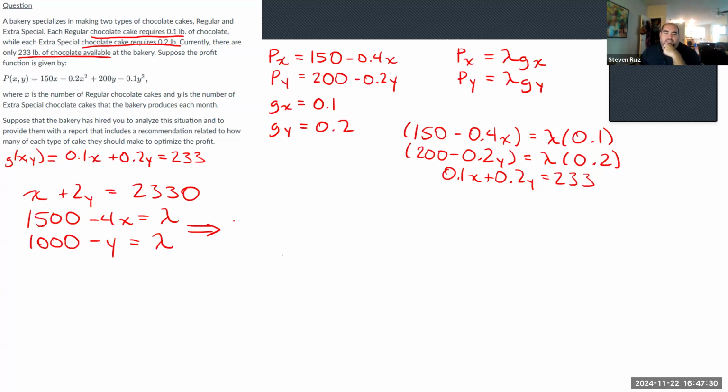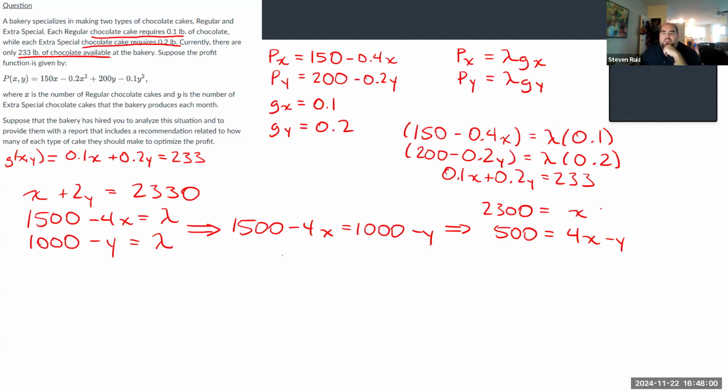So now this becomes 1,500 minus 4x equals 1,000 minus y, which cleans up to what? 500 equals 4x minus y. And then I'll just slide this over. 2,330 equals x plus 2y.